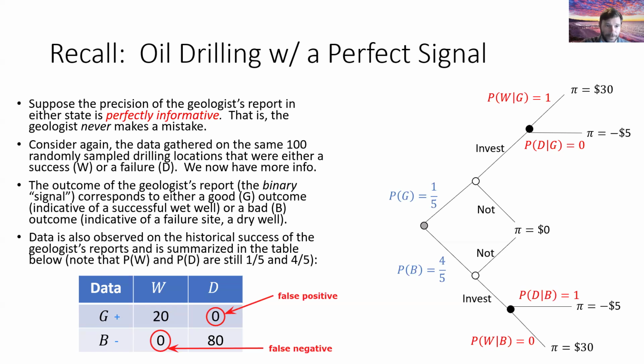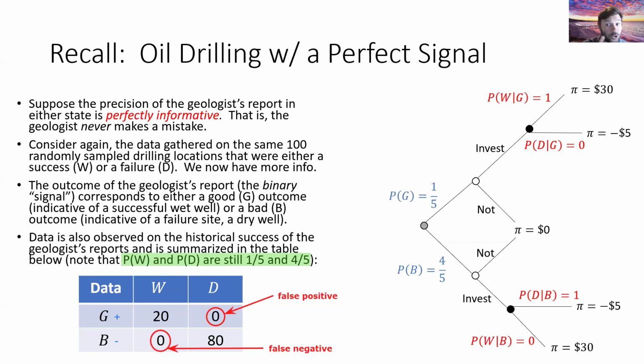However, in order to make this situation as comparable as possible, we still want to make sure that we are keeping the relative distribution of successes and failures the same. I still want 20 total wet wells, 80 total dry wells. What we're going to change is, of the 20 wet wells, the geologist is going to get some of those wrong.